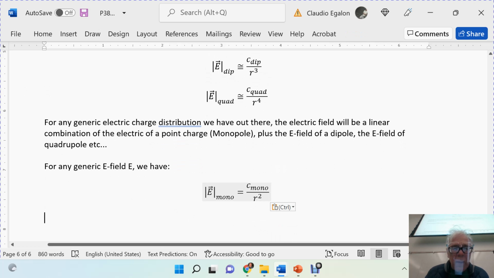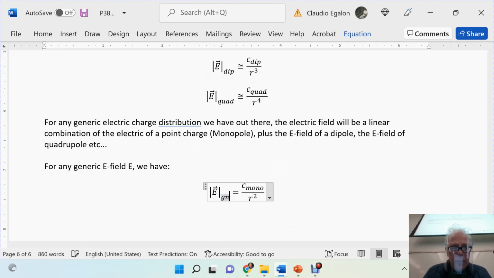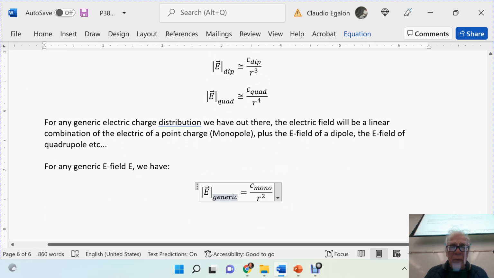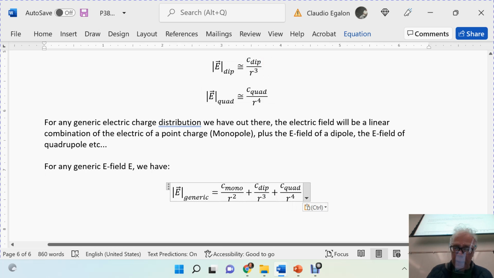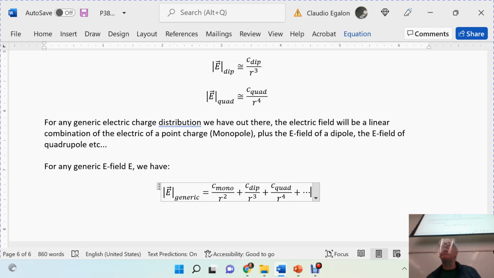This is going to be a linear combination of those terms. And we have another term. It's possible to prove that, but we're not gonna do that. Plus whatever. And then you have an octupole, and then a 16th pole, 32 pole, and so on. So that's what we have.